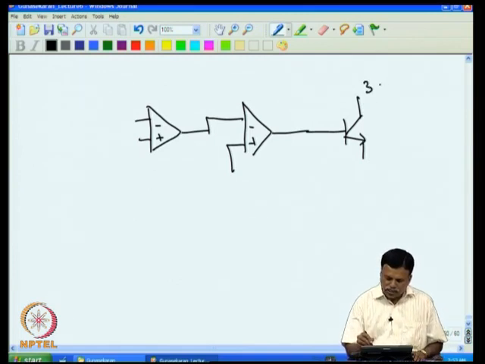This is like a high voltage power supply. So I can have this, and this can be utilized to drive the high power.